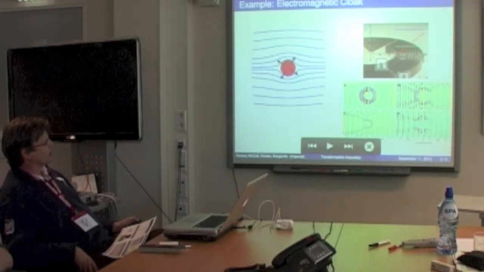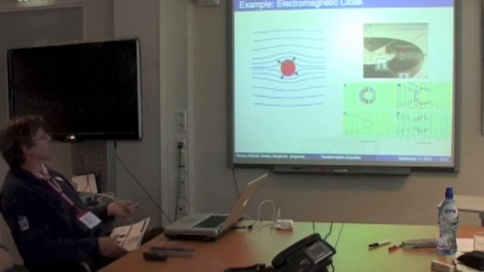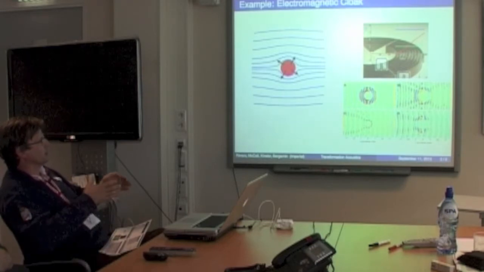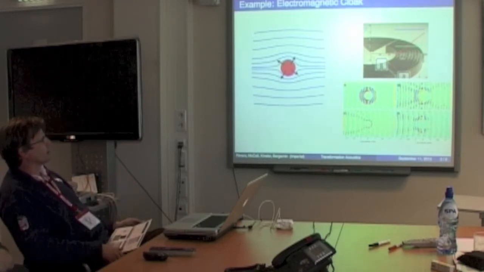And this is an electromagnetic cloak. So this is a microwave experiment and although the transformation is very simple, just a radial transformation, the actual medium parameters are rather complicated and in fact could only be partially achieved experimentally.